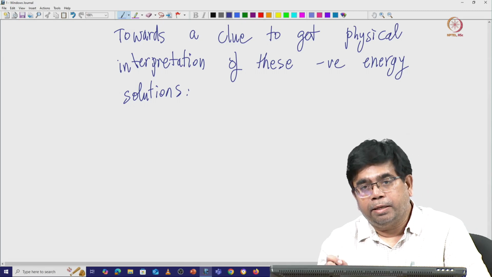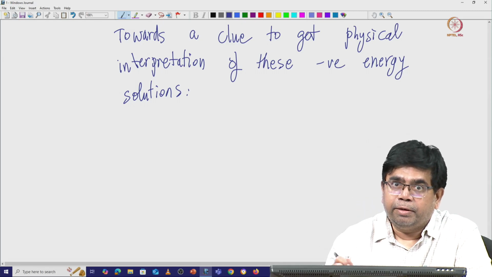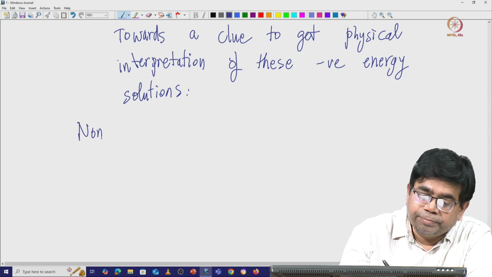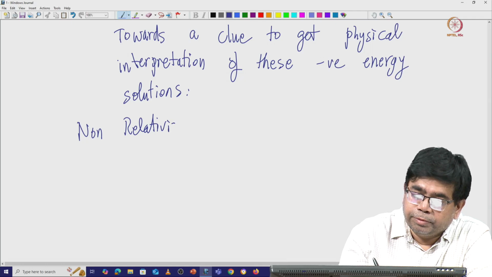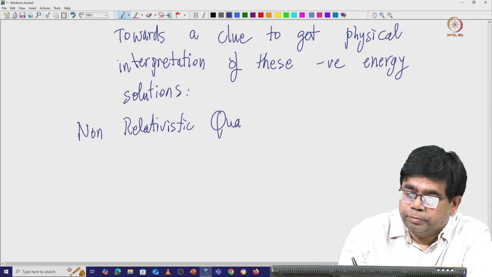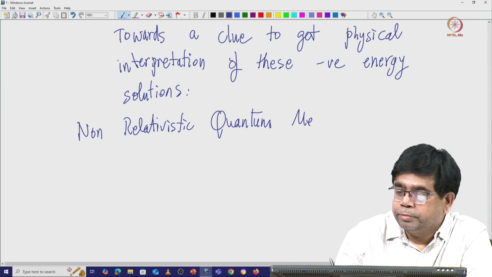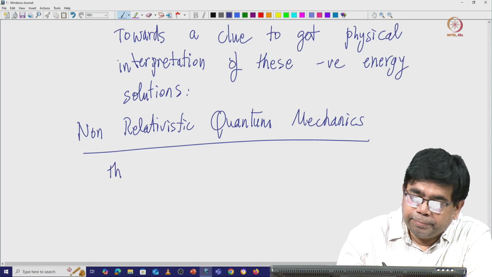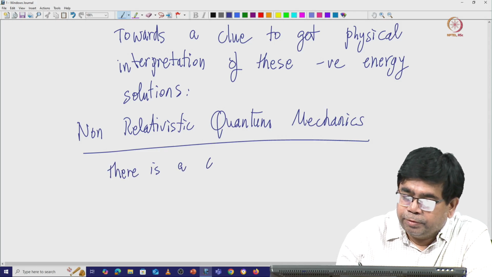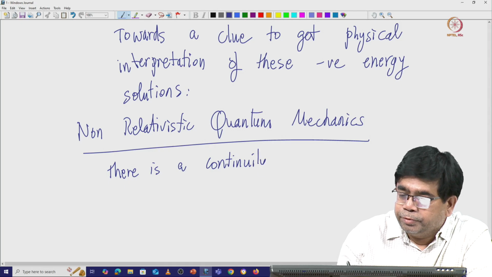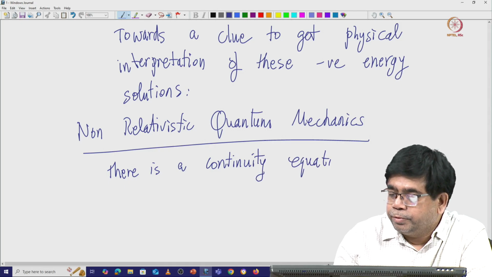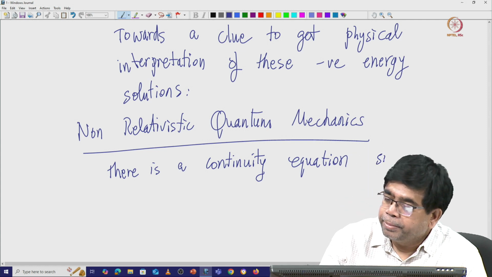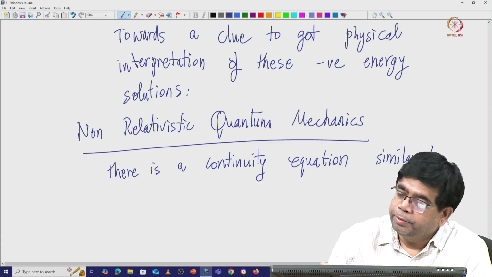The basic idea is that in ordinary non-relativistic quantum mechanics, there is a continuity equation similar to the one in electrodynamics.